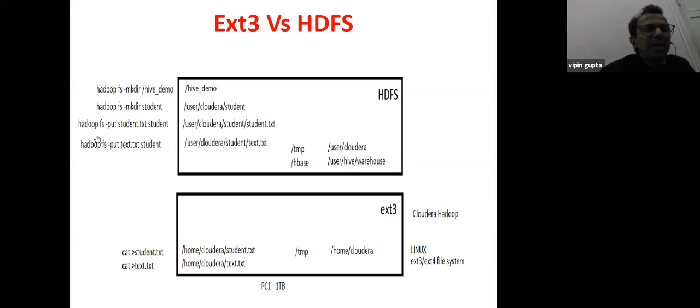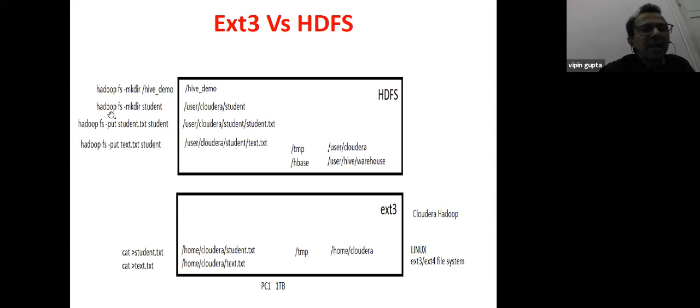Now, what I was doing in my case, first I was checking. I have just run the command hadoop fs -mkdir student. So please remember what it has done. It has created one directory, student. And please remember, in HDFS the default home directory is /user/cloudera.